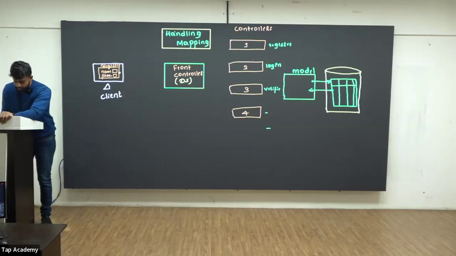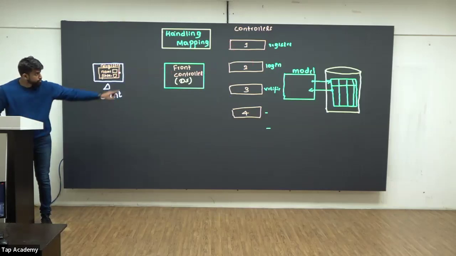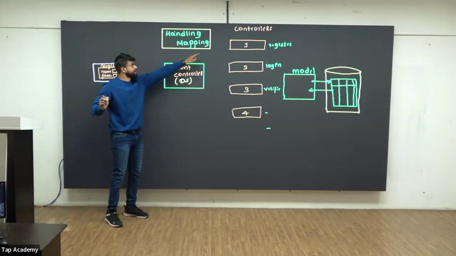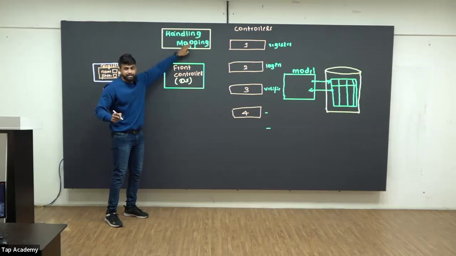When you send a request, it will go to the front controller. But the front controller will not know which controller it should go to. He knows that he should go here only, but this information we don't have. Where is that information present? It is present in handling mapping, or handler mapping, like that.